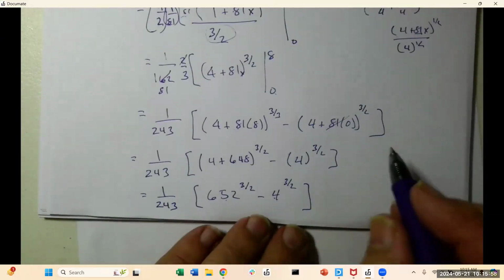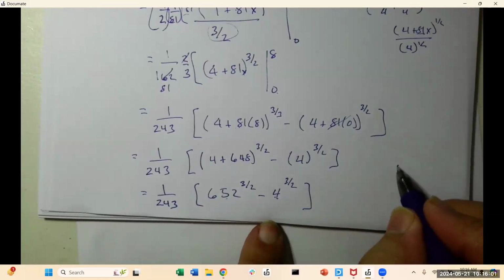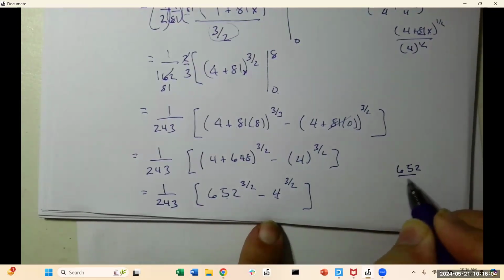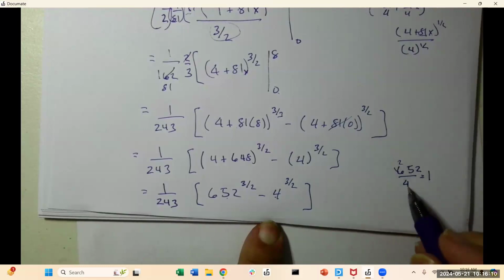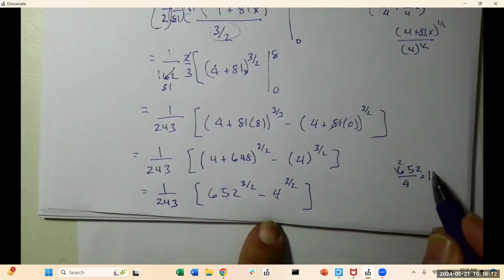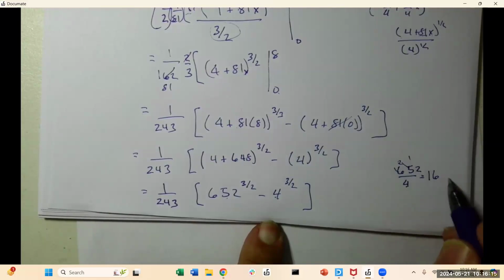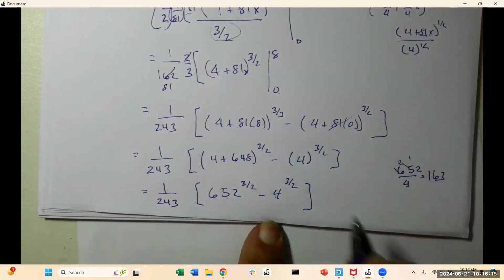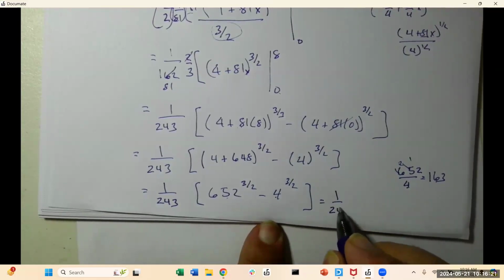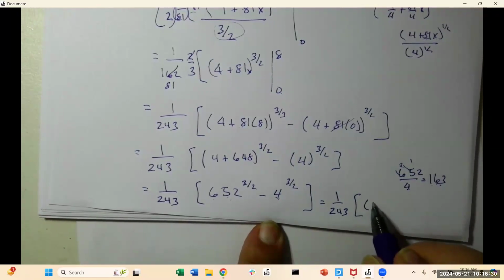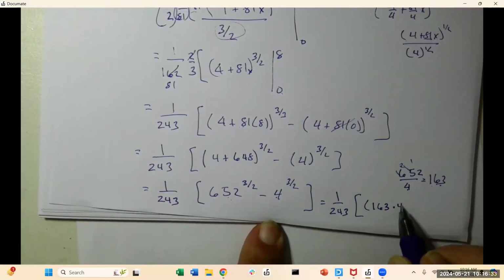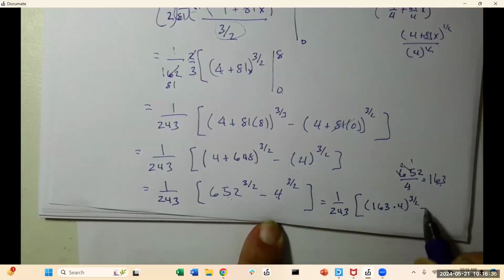Let's see something. 652 divided by 4: 4 goes into 6 once with 2 left over, 4 goes into 25 6 times with 1 left over, 4 goes into 12 3 times. So 652 is actually 163 times 4, to the power 3/2, minus 4 to the power 3/2.